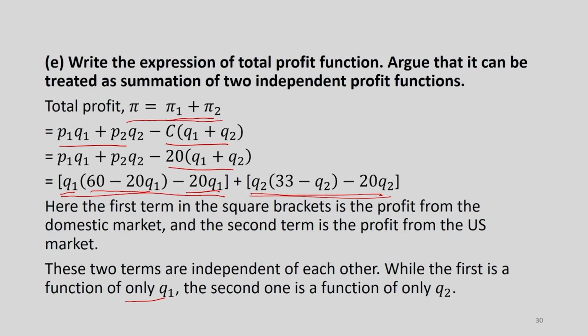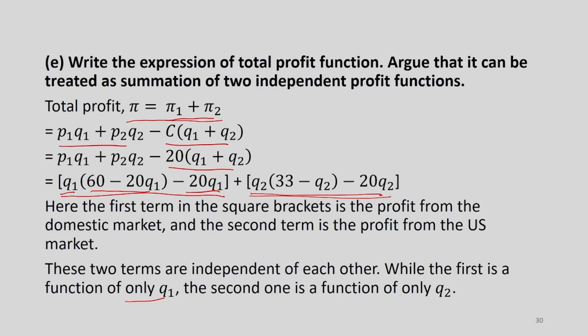So, the interesting part of this problem is that the total profit which the firm is obtaining by selling the goods in two different markets is a completely decomposable function. Decomposable in the sense that you can decompose the function in terms of profit from the first market and profit from the second market.